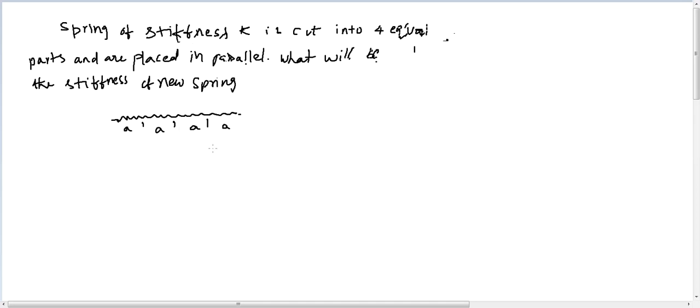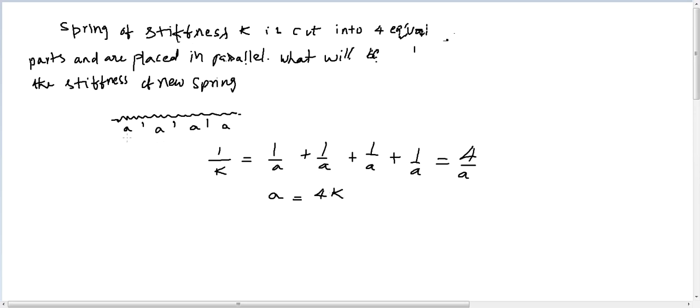So the equivalent stiffness, 1 by K equivalent, must be equal to 1 by A plus 1 by A plus 1 by A plus 1 by A, which is nothing but 4 by A, or A is nothing but 4K. That means the stiffness of each small spring is 4K.